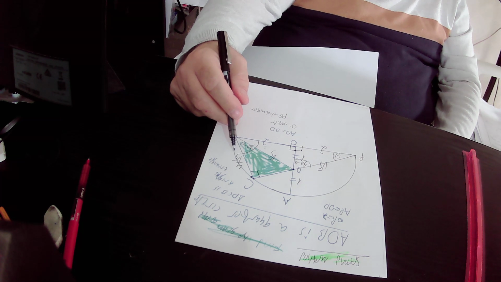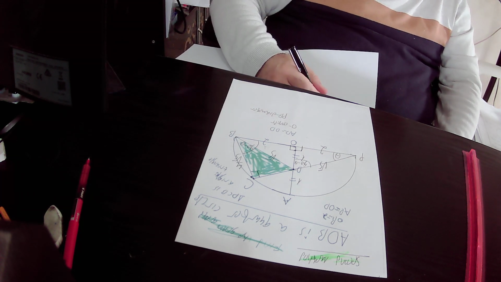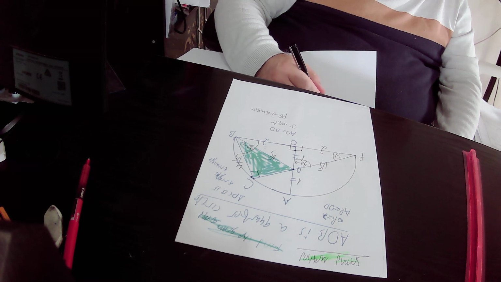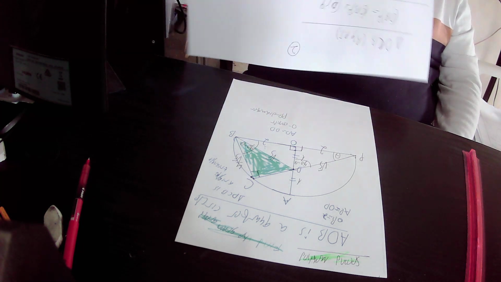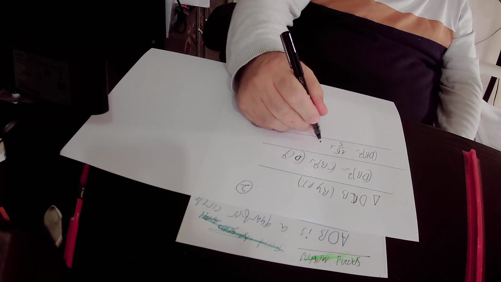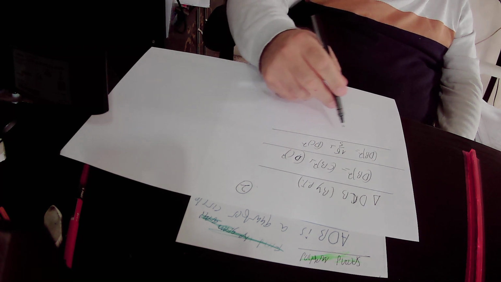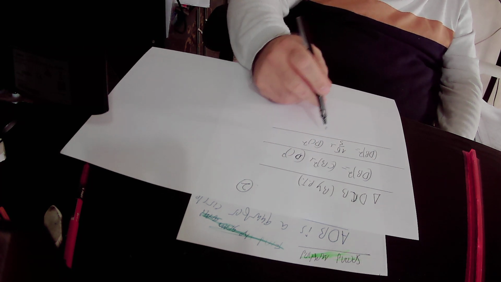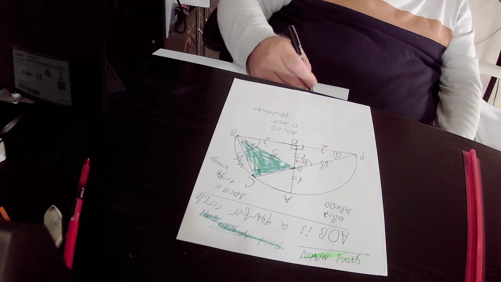CB is 4 over square root of 5, so CB squared is 16 over 5. And this is the missing side, so we leave it as it is. So DB squared equals 16 over 5 plus DC squared. DB equals square root of 5, so DB squared is 5.